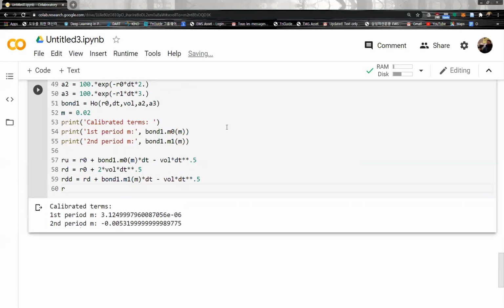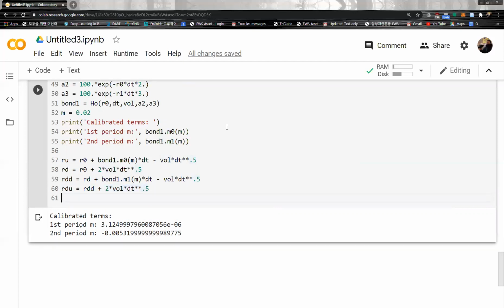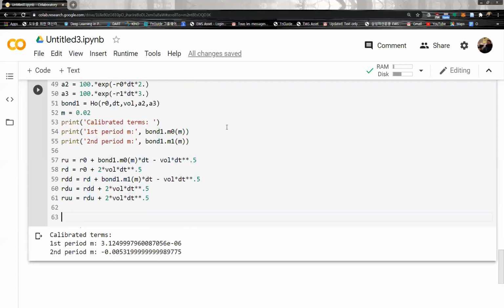And then RDU equals RDD plus 2 times this one. And then RUU is RDU, oh, this one. Okay.